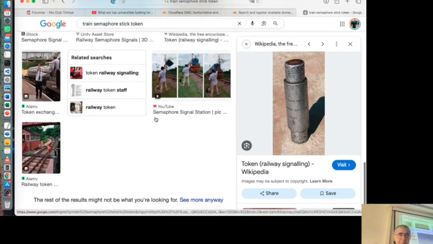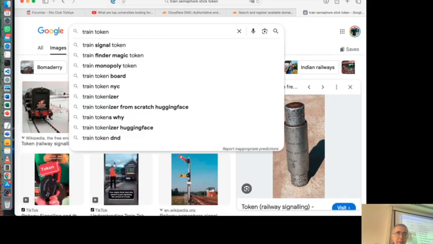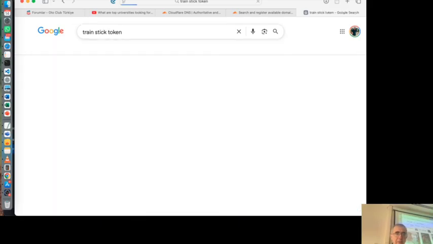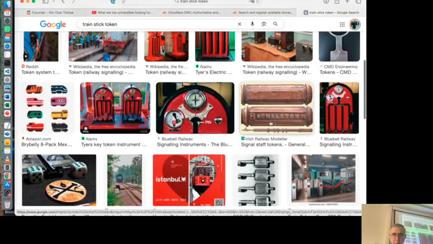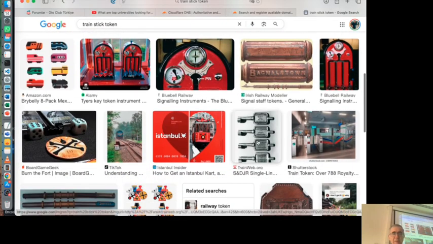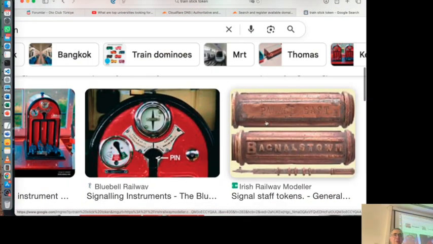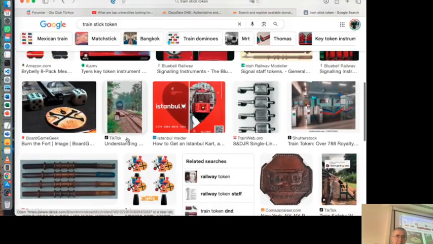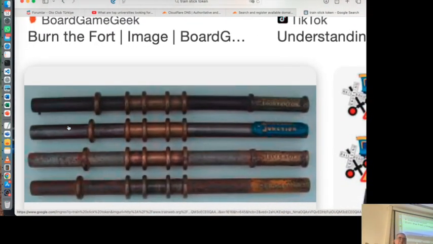So typically, let's say train token stick. Sometimes they are keys. If you have the key, you can go. Sometimes it is a piece of wood, and sometimes it is a longer stick, and it has the name of the railway and the line on it.